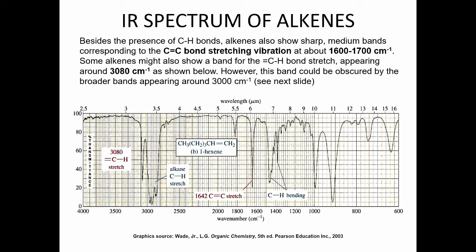So when you're working with an alkene, try to focus on the carbon-carbon double bond stretching vibrations that can be found either above the 3000 range, as well as the 1600 to about 1700 range. And you can see it's a very sharp peak here. So try to focus on this one and this one.